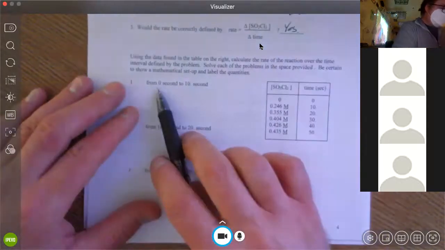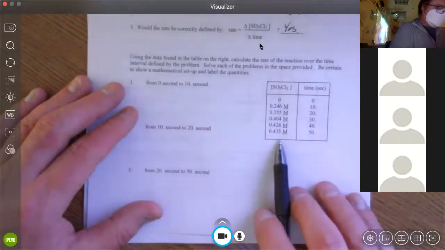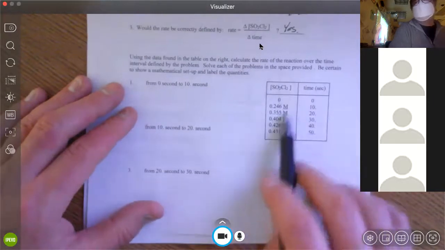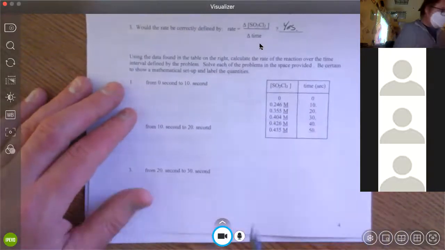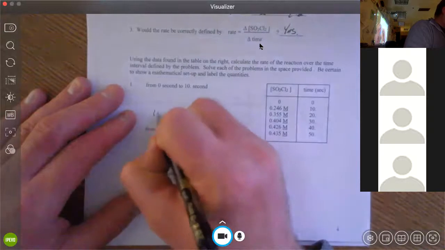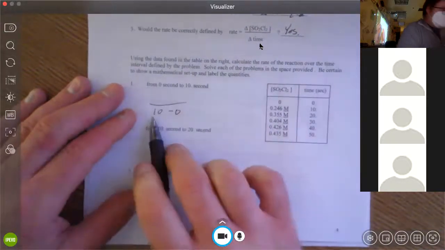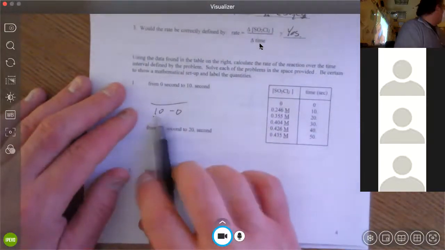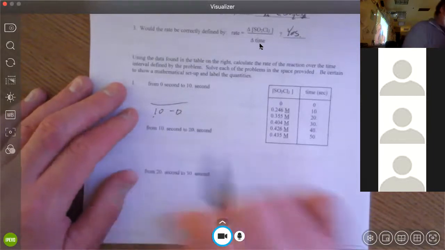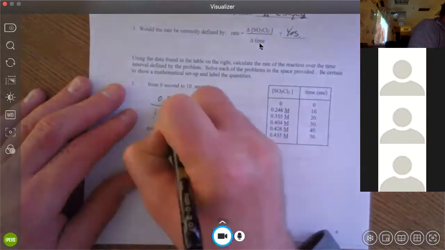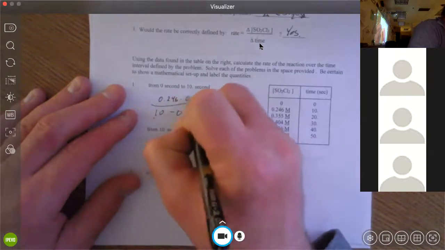But this one is going to allow us to get the average overall and see how it is different from the start to the end. So from 0 to 10, and again, it's basically x2 minus x1 and y2 minus y1.